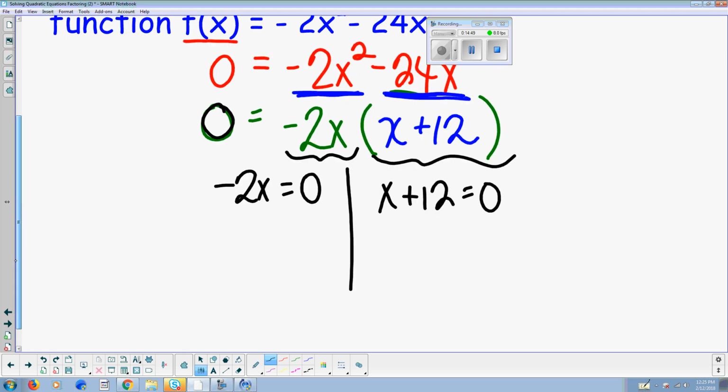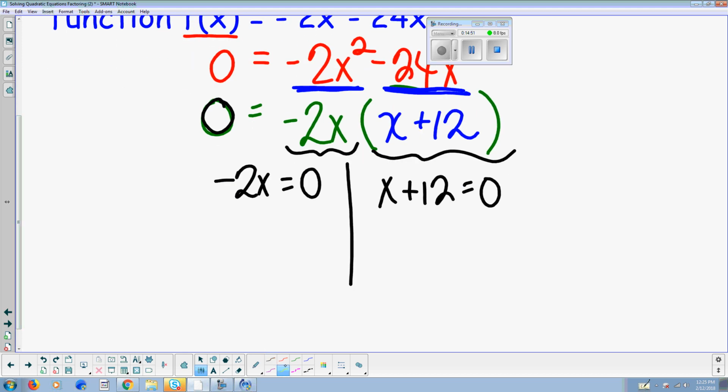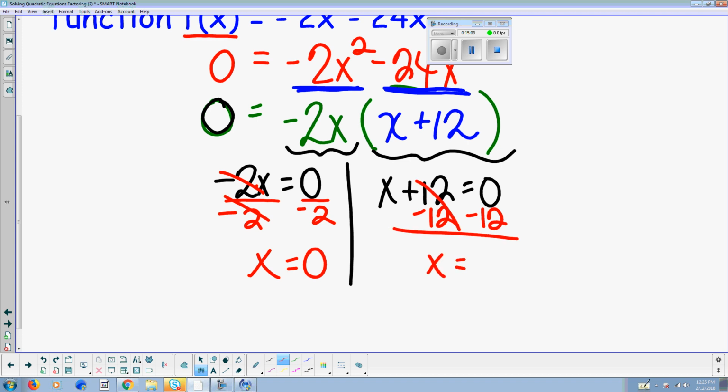Solving these, for the first one, in order to get the x alone, negative 2 is being multiplied by x, so we divide by negative 2 on both sides. So x is going to equal 0. On the second one, we subtract 12. So x is going to equal negative 12. So again, we're coming up with two real solutions of 0 and negative 12.